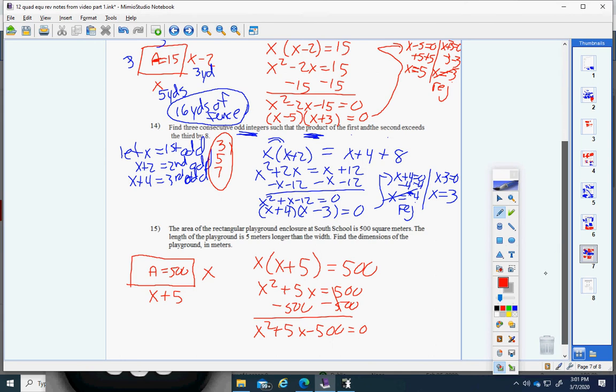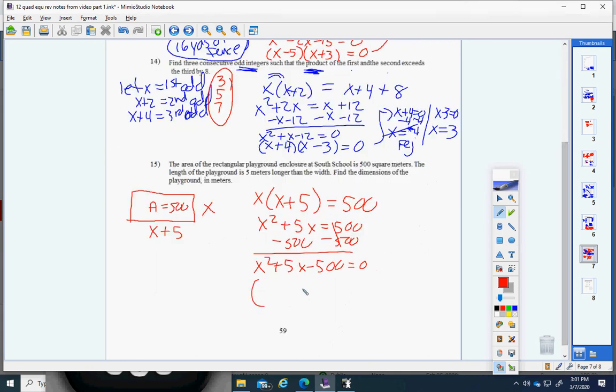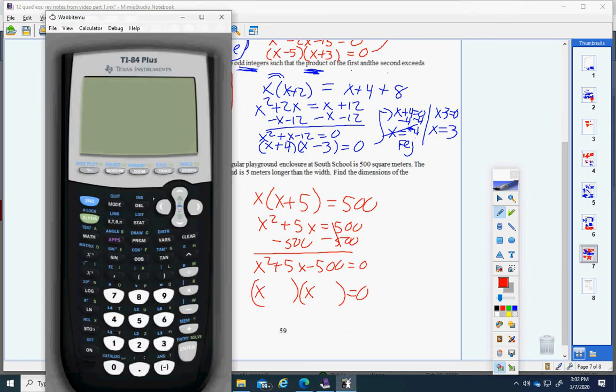Factor. First look for GCF. There isn't one. It's a trinomial. If you can't think about the factors of 500, let's go over the trick that I taught you in your calculator. In your y equals, you will do 500 divided by x and go look at your table of values.